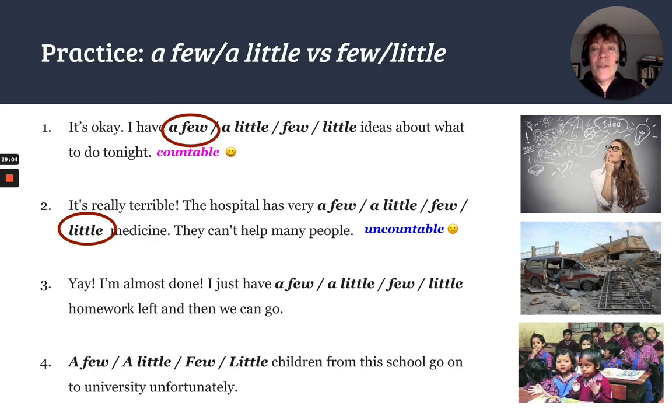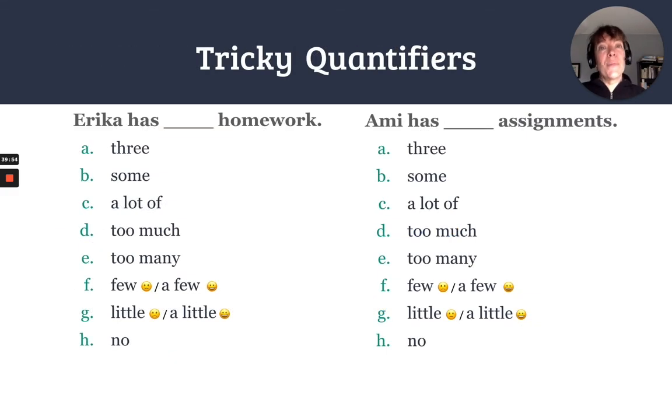Yay, I'm almost done. I just have a little homework left, and then we can go. Uncountable. Few children from this school go on to university, unfortunately. Few, unfortunately. Few children.